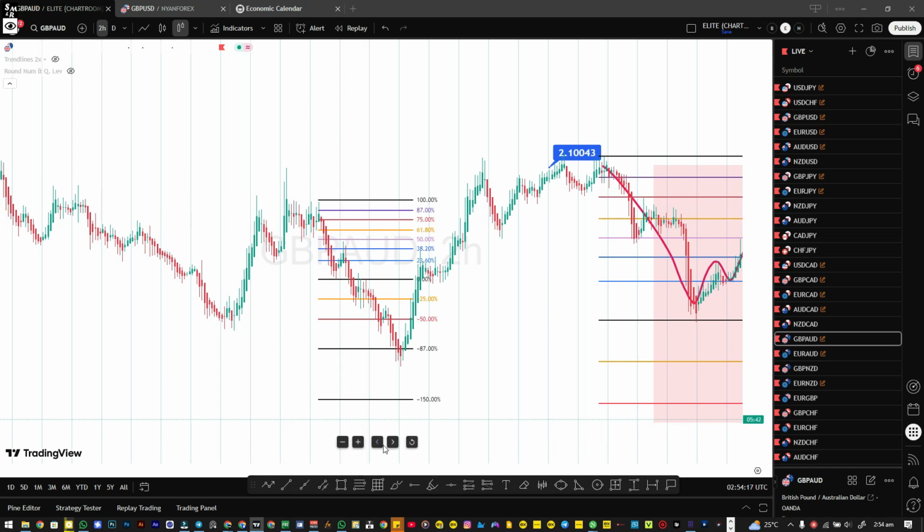Don't use fib with support and resistance. They tend to complicate your strategy a lot. If you are using fib, use only fib. If you are using support and resistance, use only support and resistance. If you are using trend line, use only trend line. Don't say you use trend line, support and resistance, supply and demand, and this and this. It conflicts the price action a lot, right?